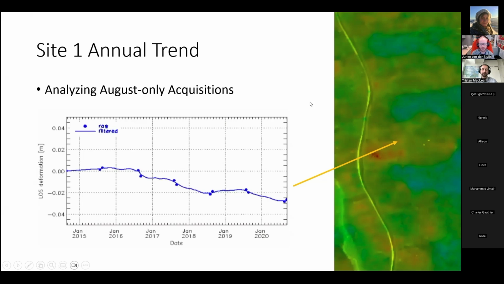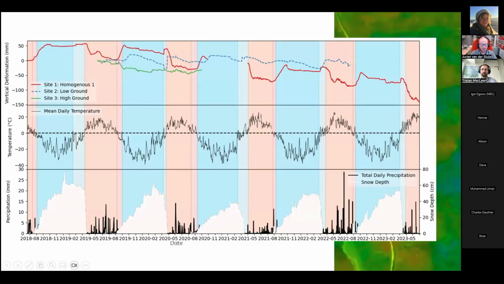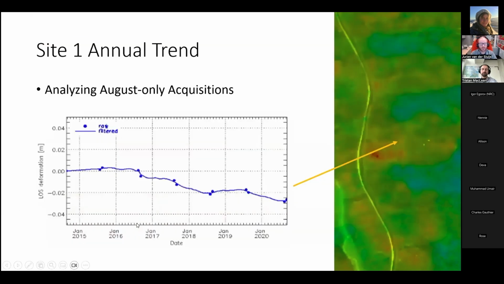By looking at August, you can also see that the surface deformation levels out, so that helps with getting the year-to-year signal. You're not having any major surface changes during that period, and the vegetation should be about the same. Since we're way past the snowmelt, the soil moisture should also have leveled out a bit more. Does that answer it? Yeah, great.